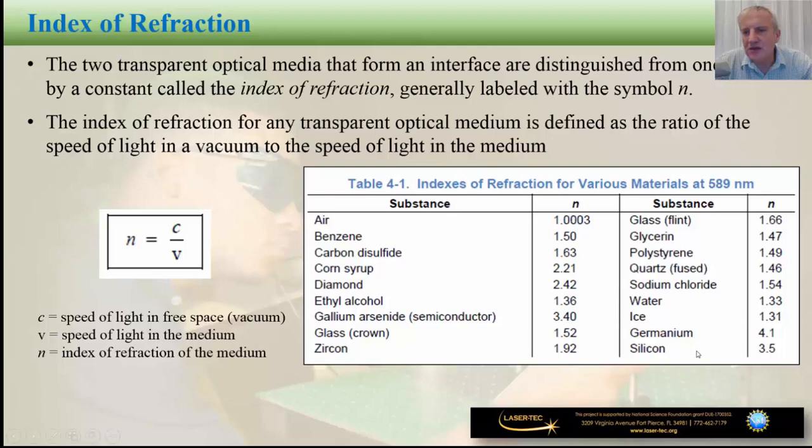For example, the index of refraction of germanium is equal to 4.1, which means that light propagates through germanium 4.1 times slower than it propagates in free space or in a vacuum. So we also say that a medium is optically more dense if it has a larger index of refraction. As already mentioned, the index of refraction is going to play an important role in the next phenomenon that we're going to analyze, and that's the refraction or bending of light.